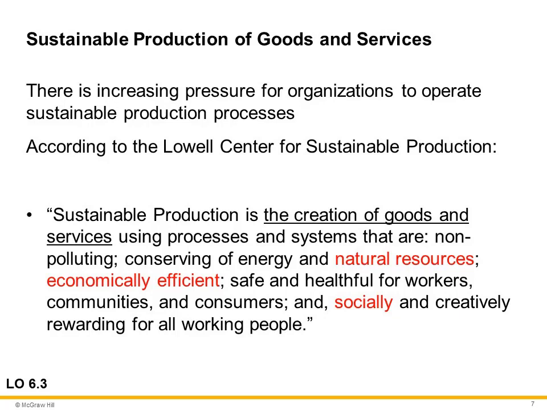Sustainable production is the creation of goods and services using processes and systems that are environment friendly, economically efficient, and also address the social aspects. So when you want to select a process, it's better to consider these three pillars at the same time: economy, environment, and society.